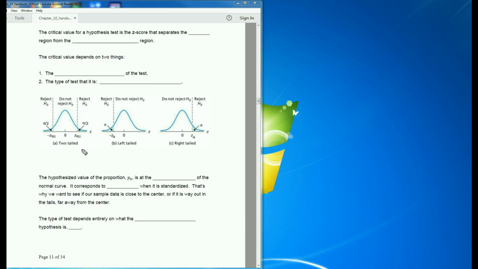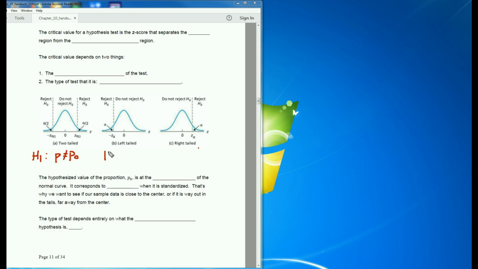All right, so these are basically our three cases: two-tailed test, left-tailed test, right-tailed test. And remember, what kind of a test it is depends completely on the alternative hypothesis. In the two-tailed test, that's H1, your alternative hypothesis is that your proportion is not equal to the hypothesized proportion, which is given in the null hypothesis.